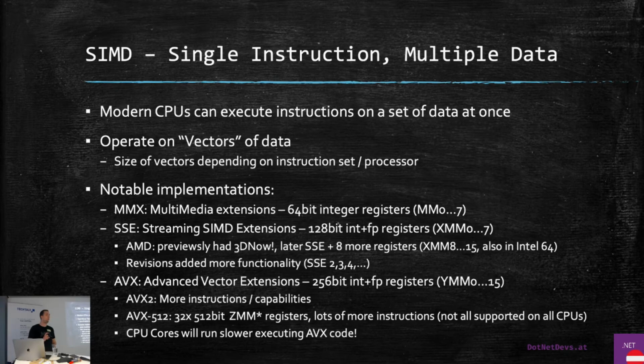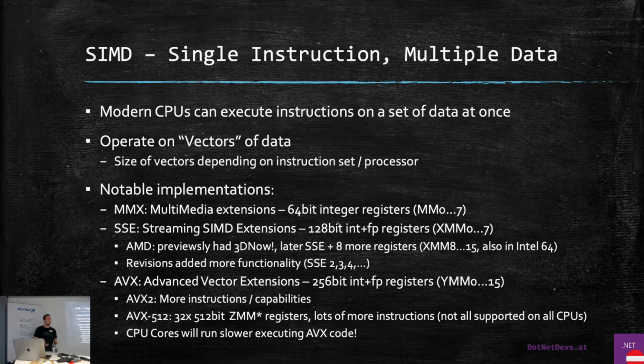Actually, AMD was first using the 3DNow! extensions, but then Intel standardized the SSE instructions, and AMD also implemented them. And they gave you 128-bit registers. So you could have 8 registers that could hold 128 bits, which would be divided into the things you would be processing, like 16-bit floating points, 32-bit floating points, etc.